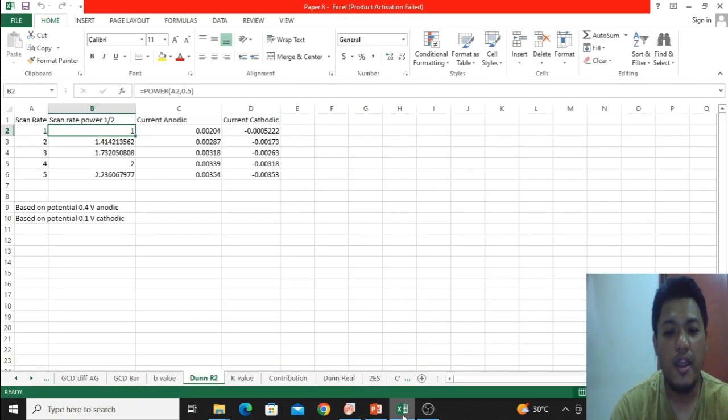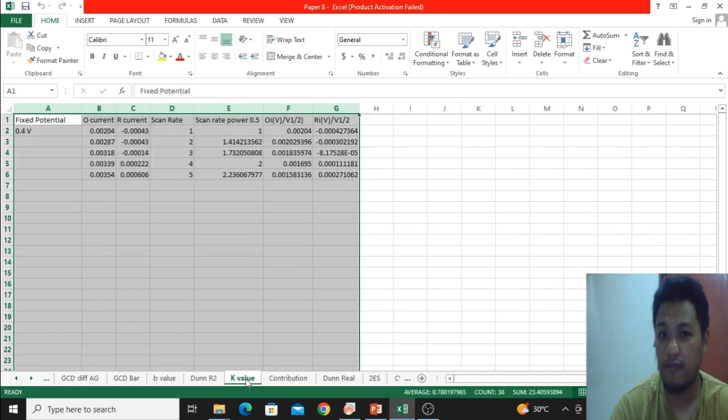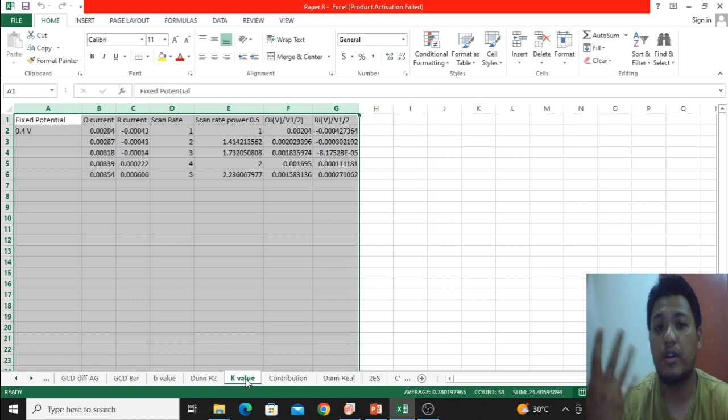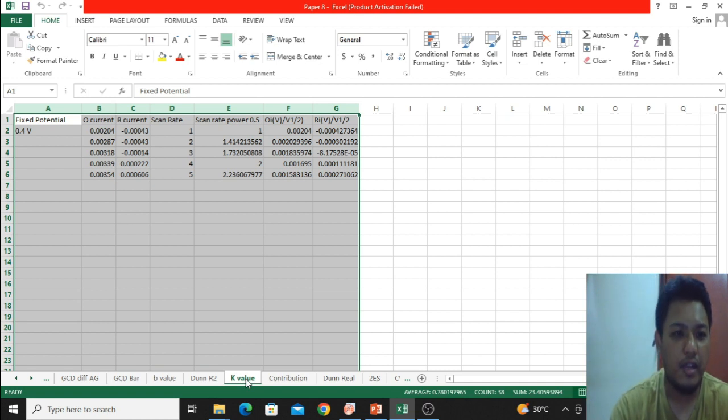Next, what we're going to tackle is to get the K value, because from the K value you can get your contribution ratio, contribution percentage, then you can plot your Dunn real. Okay, so for the K value, at a fixed potential, you can use the same potential to get the B value. So you have the current response at oxidation or reduction.